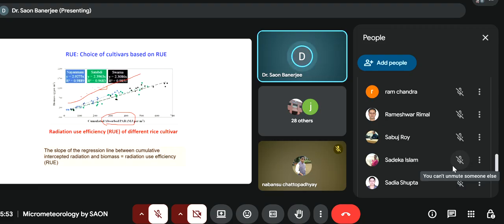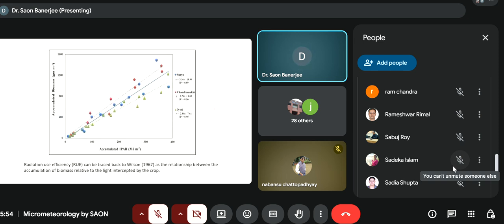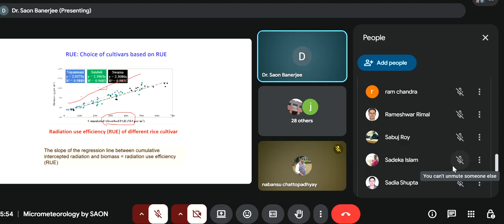Generally, radiation use efficiency means how much radiation is needed per unit production of biomass. So biomass divided by absorbed power will give you the radiation use efficiency. This is another thing, and here, y is equal to mx plus c.